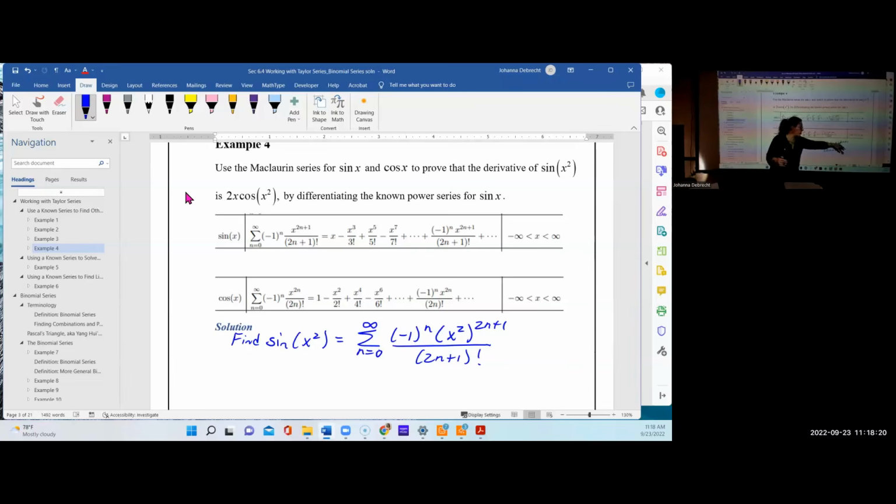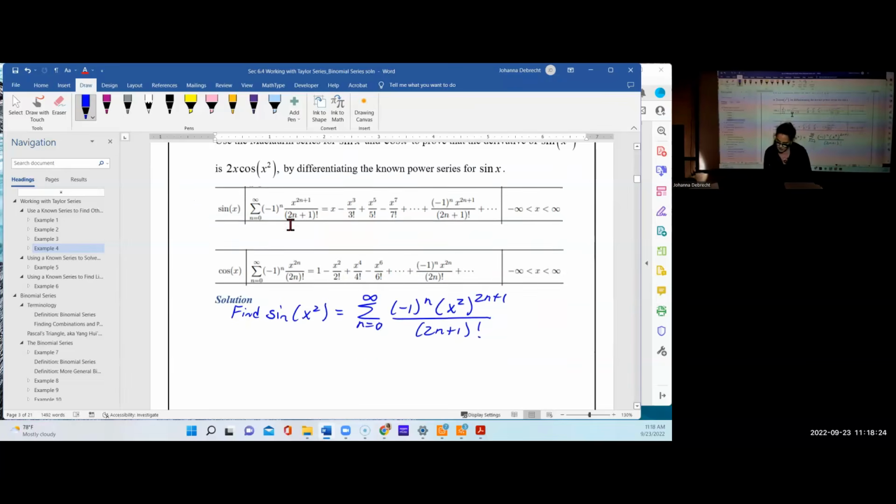So 1 base, 2 powers, I multiply the powers. So this then becomes, I don't know if I have enough room to write it here, but I'll try to squeeze it in. I need to write smaller. -1 to the n, x to the 4n plus 2 over 2n plus 1 quantity factorial.